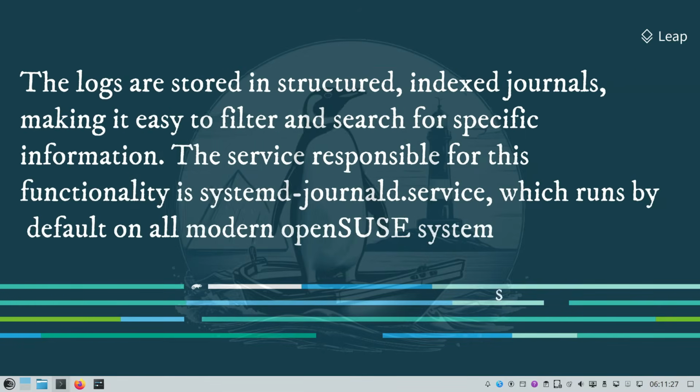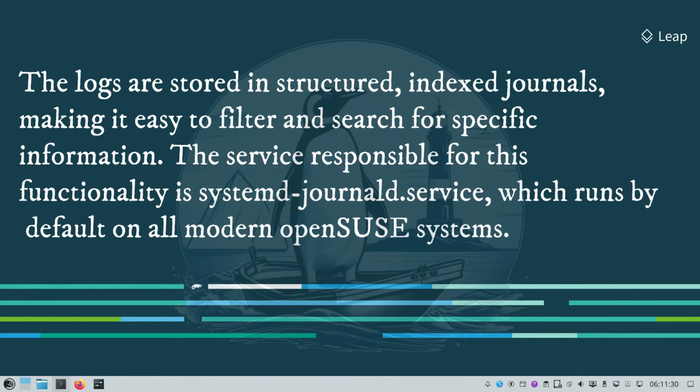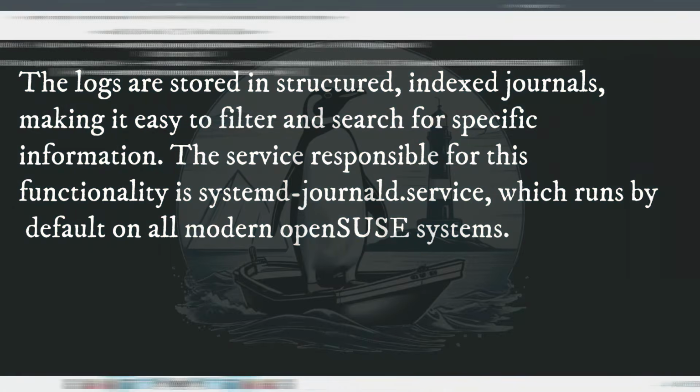The logs are stored in structured indexed journals, making it easy to filter and search for specific information. The service responsible for this functionality is systemd-journald.service, which runs by default on all modern openSUSE systems.